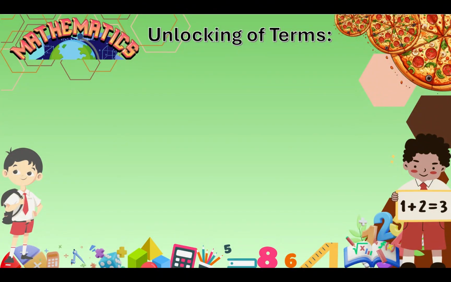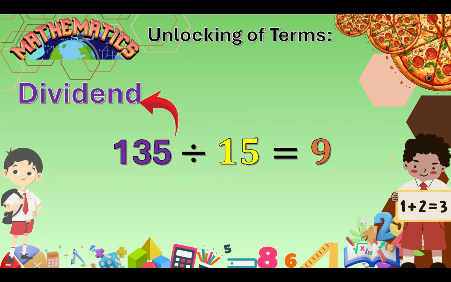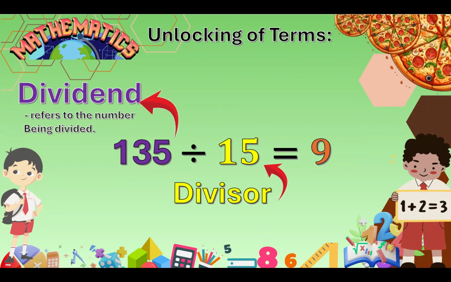Okay, let's unlock some terms using the numbers in our previous word problem. 135 divided by 15 equals 9. 135 is our dividend. Dividend refers to the number being divided. 15 is our divisor.